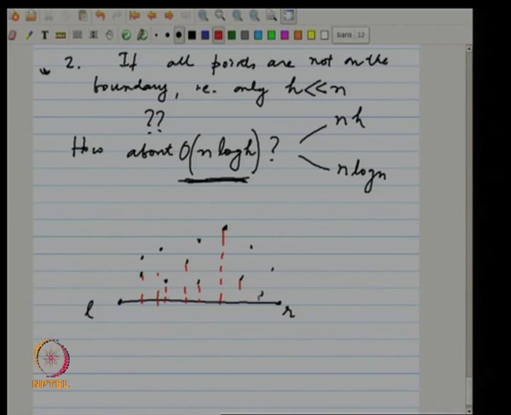You can find the distance of a point from this line, again using some formula from analytical geometry. Suppose this is the furthest point in this case. Then this point will necessarily be on the convex hull. That is known, nothing new. Then what you do subsequently is look at this triangle.